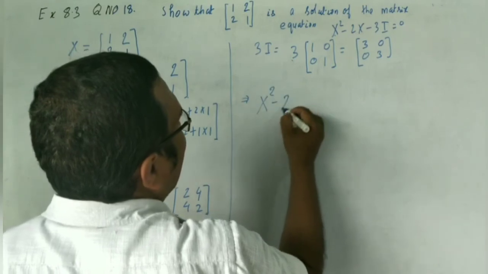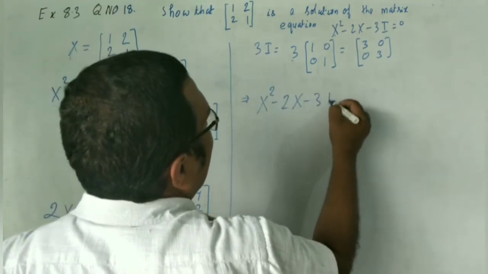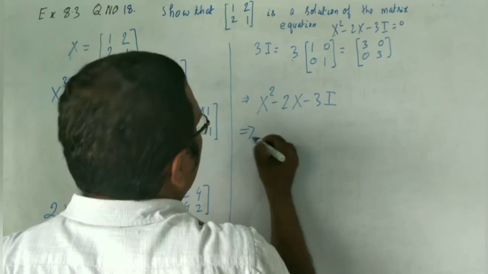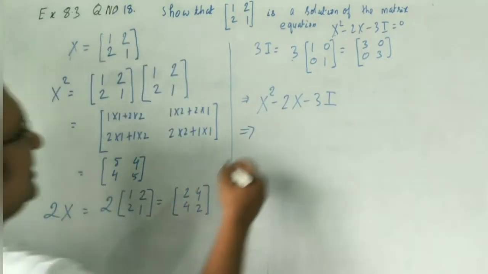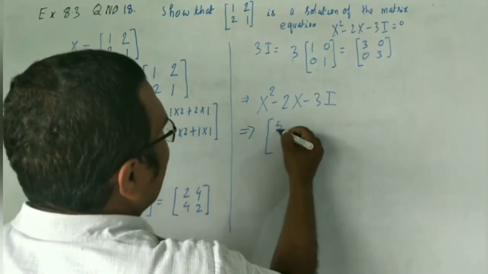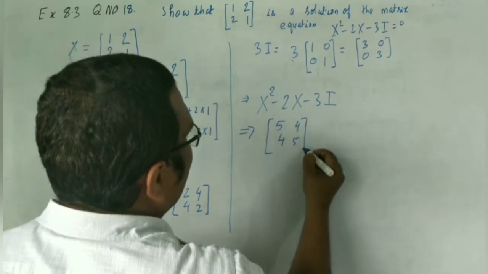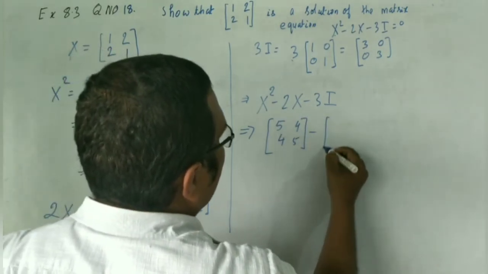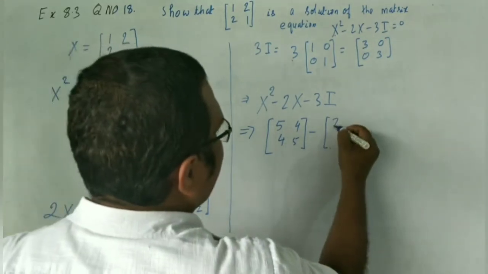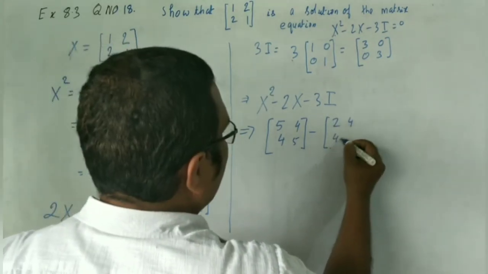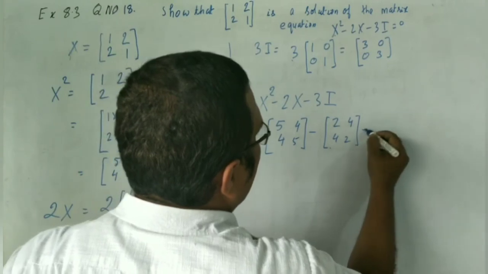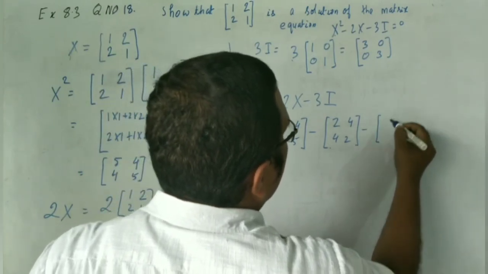X squared is this, minus 2x and minus 3I.